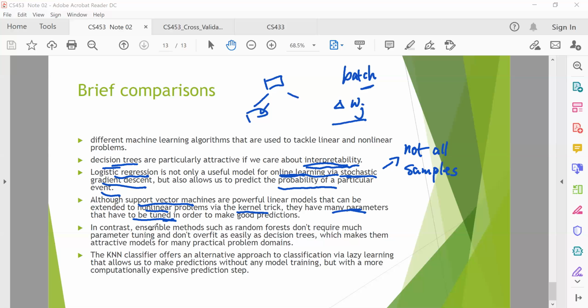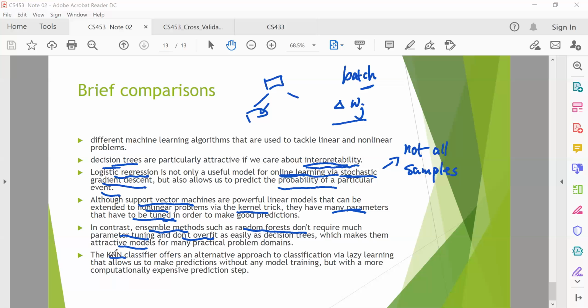And for the ensemble method that we learned, one of them is random forest. A random forest doesn't require a lot of parameter tuning, and it's not easy to overfit, because it averages a number of trees. That's why it's more attractive.